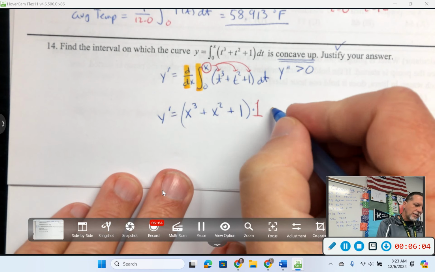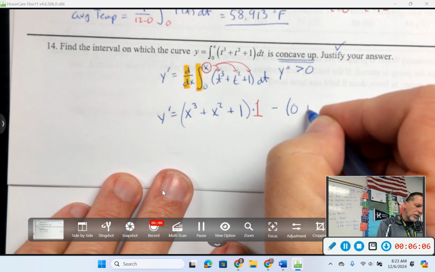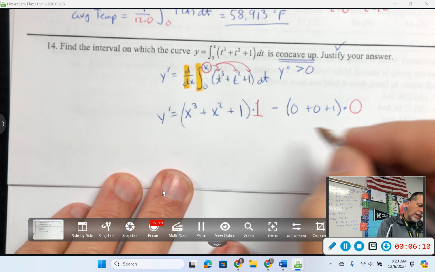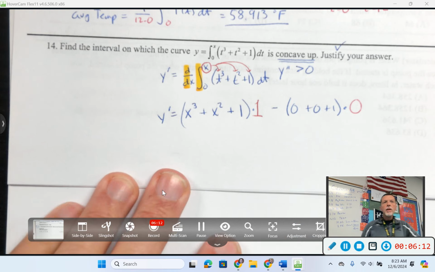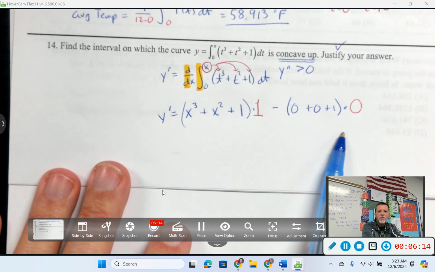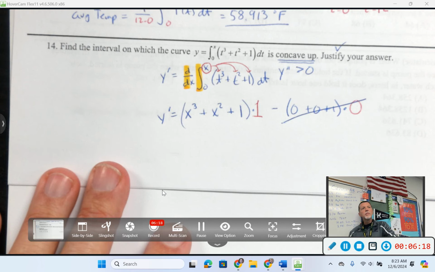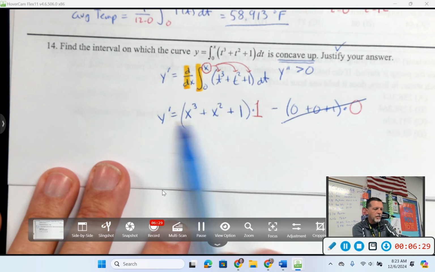And if I plug in 0, I get 0 plus 1 times 0, so all that goes away. But it's probably good to think about all of that, even though that gets wiped out. Plug in the top minus plug in the bottom. Don't forget the chain rule. Okay, so that worked out well because the derivative of an antiderivative gets us back to the original.